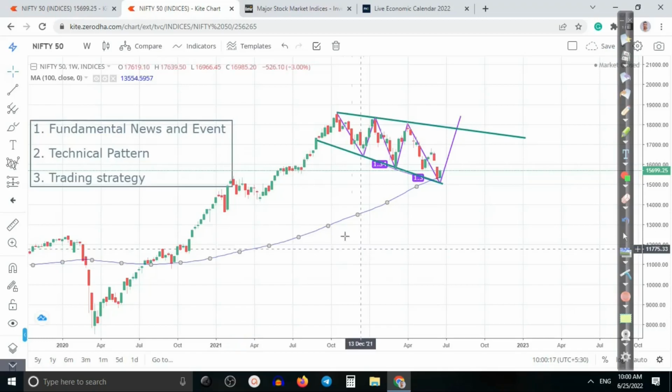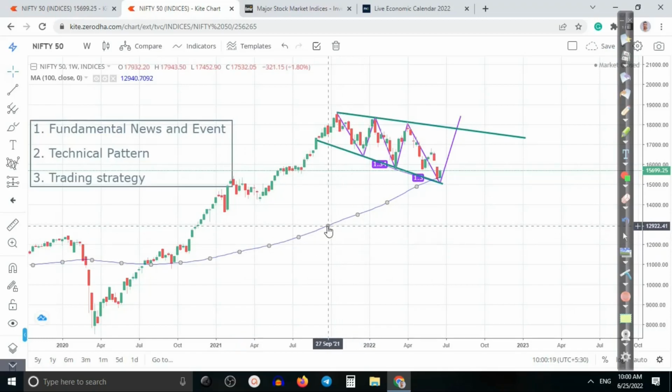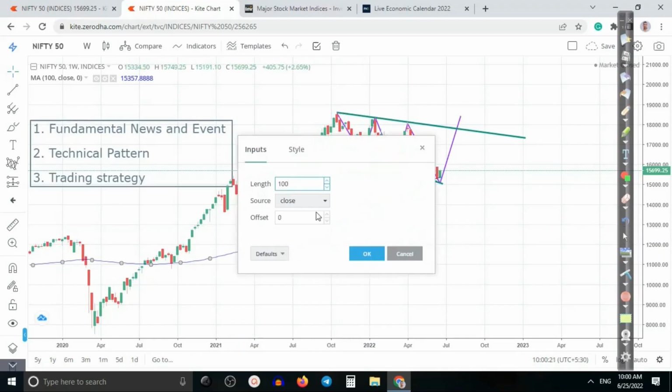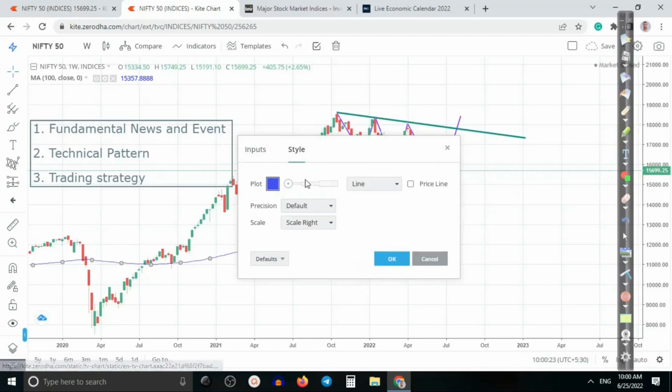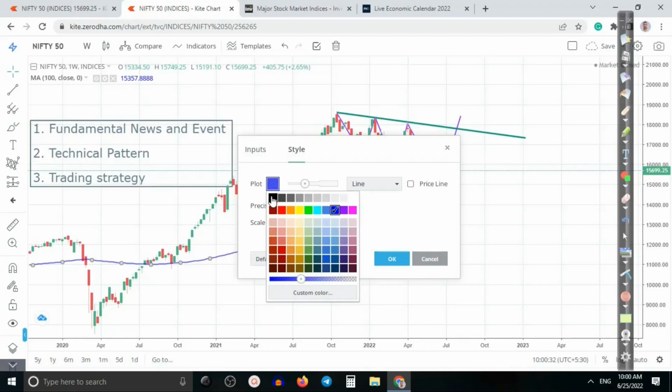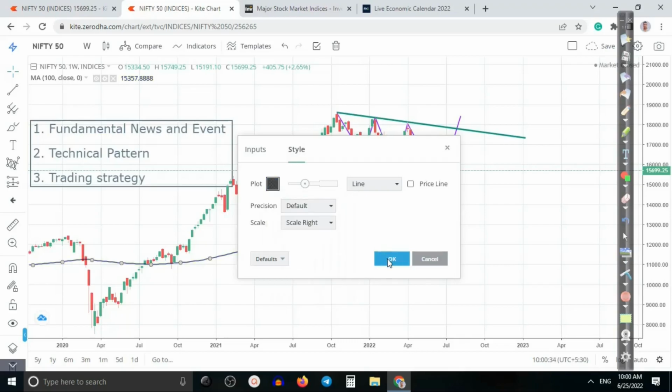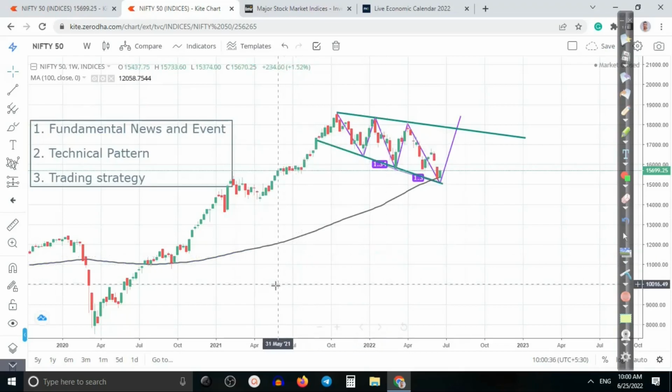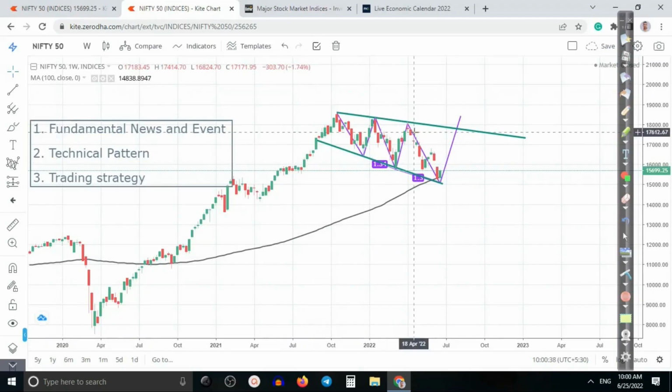Okay, let me make it a little thicker, and change the color to black. Okay, perfect. Now here I can see that right now in the weekly time frame this 100 moving average acts as a support.